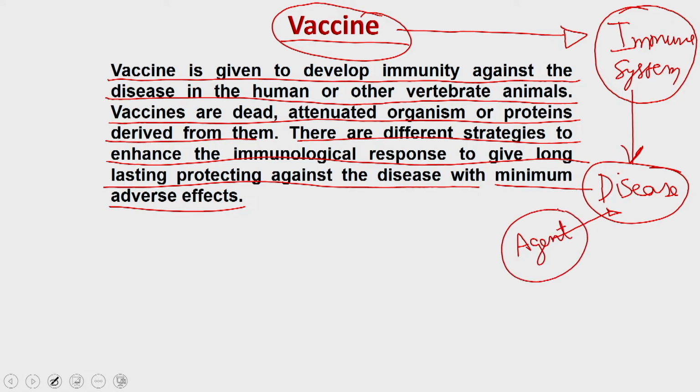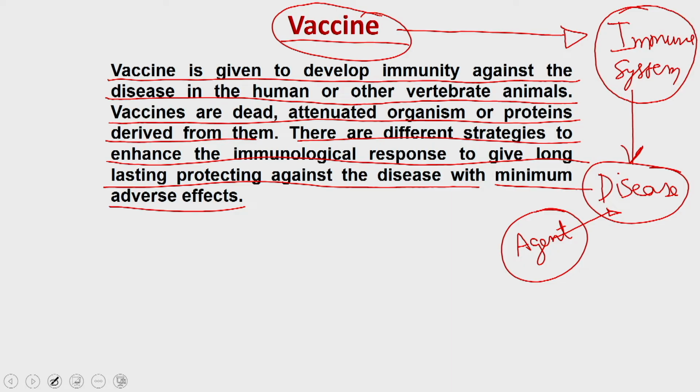So, the purpose of a vaccine is to give you a long term immune response, and that immune response gives you some kind of protection against these disease-causing agents.